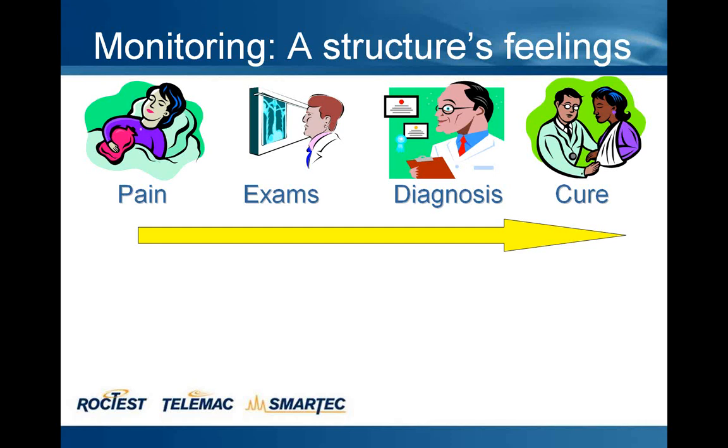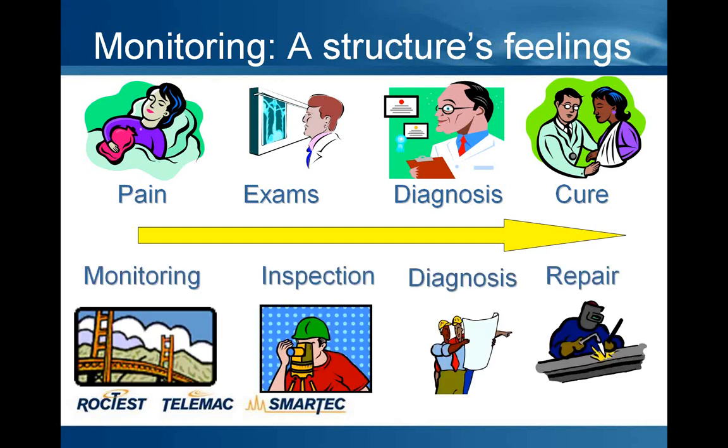Maybe we don't know exactly what it is, but it's enough to prompt us to go to the doctor, and the doctor will carry out additional exams, take an X-ray, a blood shot, and based on his observation and based on what we have described about our illness, he will formulate a diagnosis and hopefully find a cure for our illness.